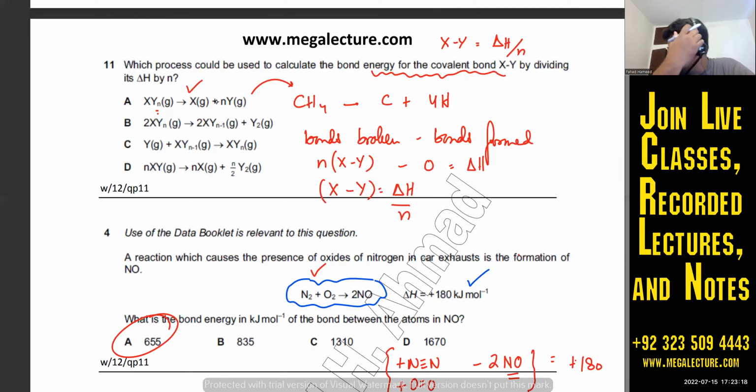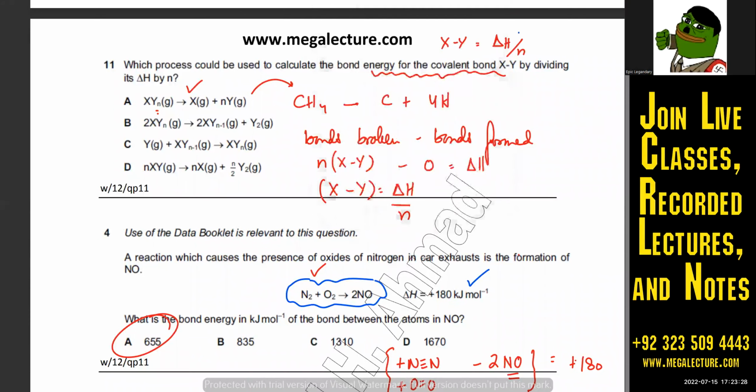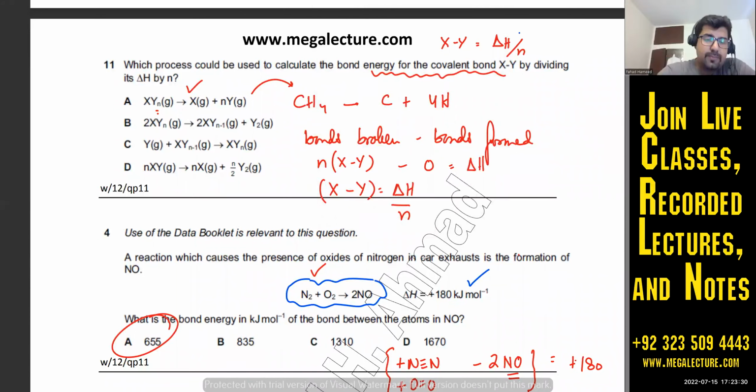But just for the sake of practice, how many bonds are broken over here in option B? 2N. Okay, so 2N bonds of XY being broken. N bonds of XY into 2, so that's 2N bonds of XY.